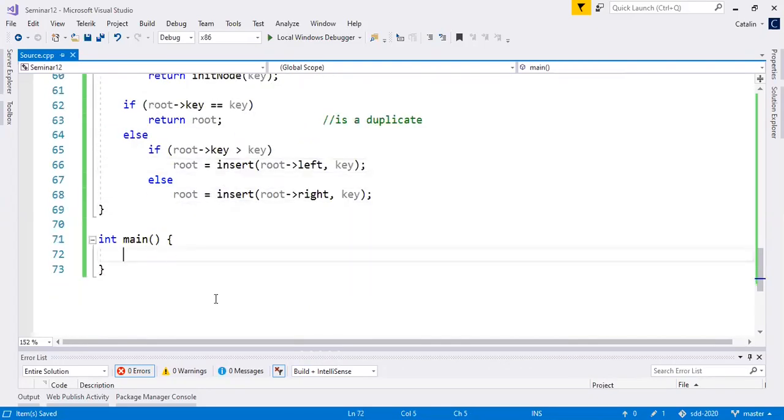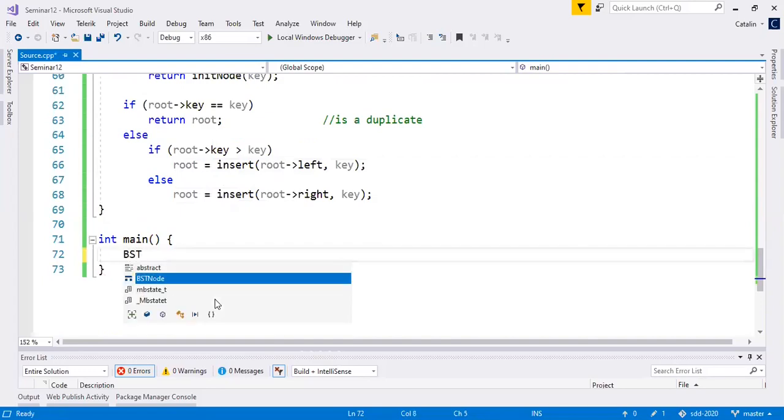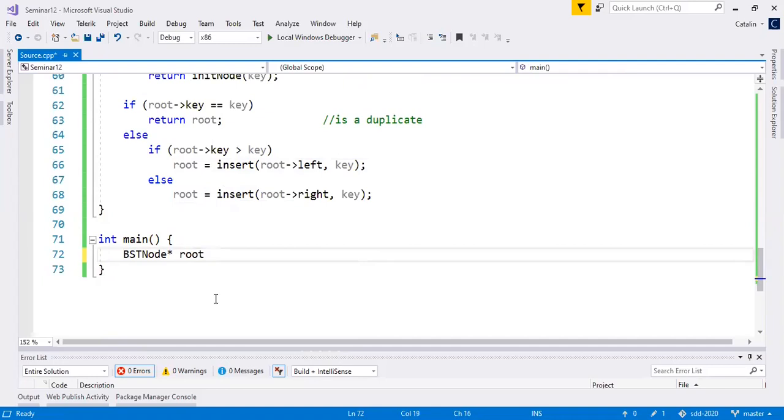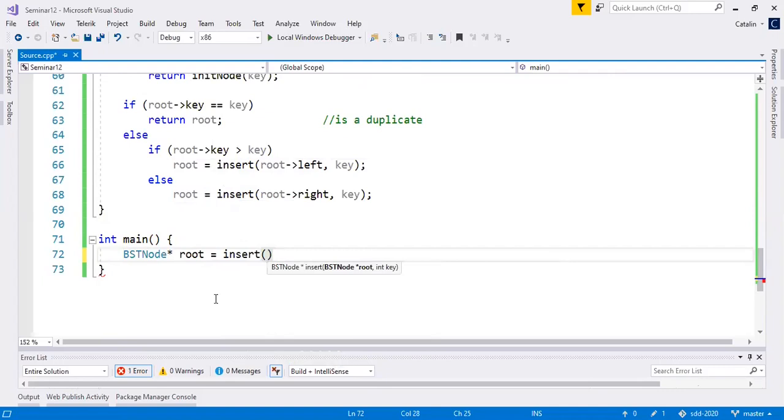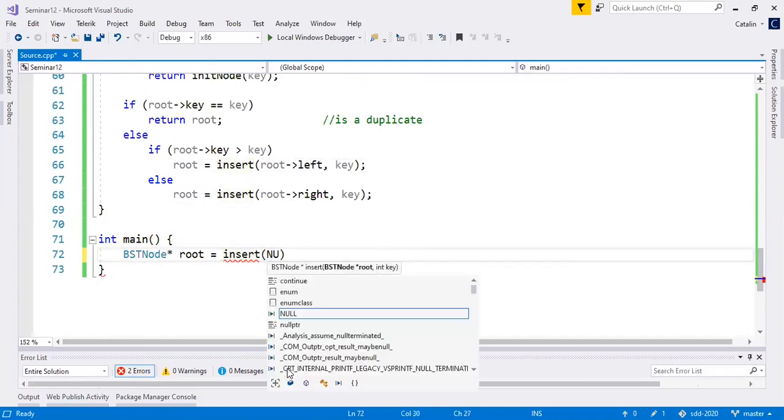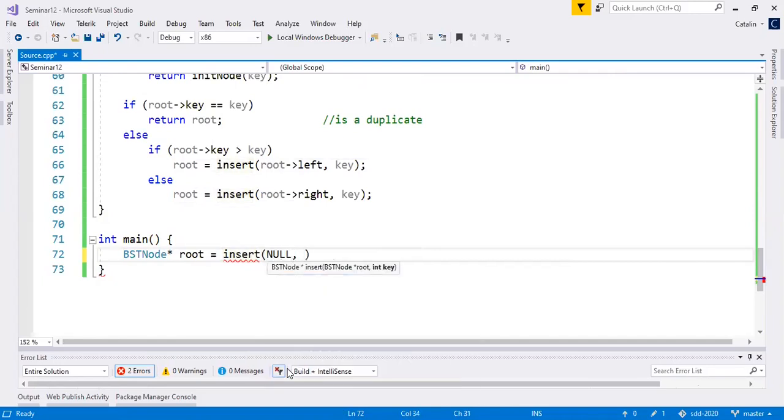So let's test these methods. Binary search tree node root equals insert. Yeah, I need to start with, or we can do that. Why not? Insert into null, because we don't have it. Okay, and after that you have the key, let's say 10.